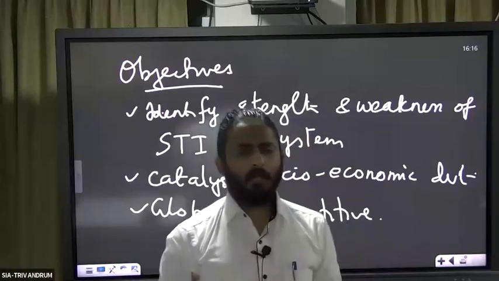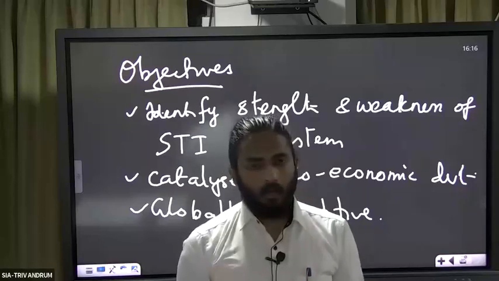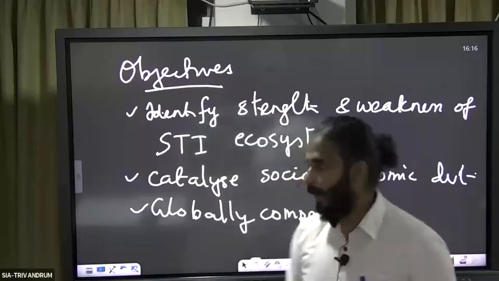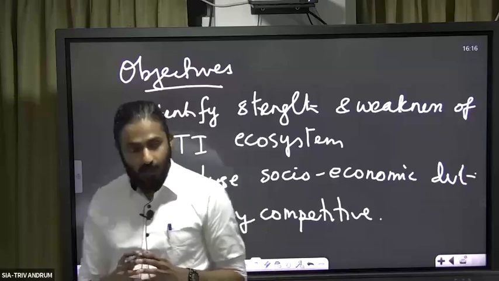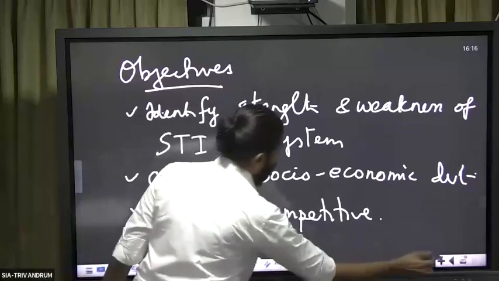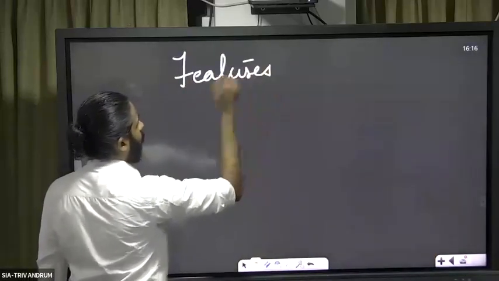So these are the three very broad objectives. I think more than the objectives, features might be asked in the questions. If at all they ask about the policy, the only thing you should understand is that it has implications on socio-economic development also. Now, what are the features? This is what you should focus on. Maybe you have read about it. If not, do read.